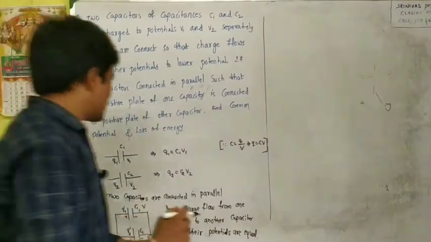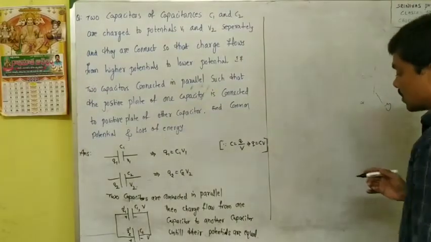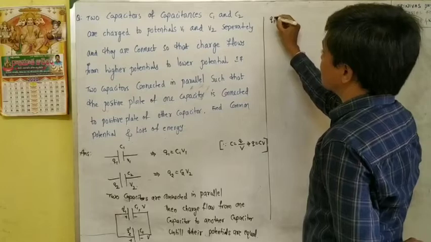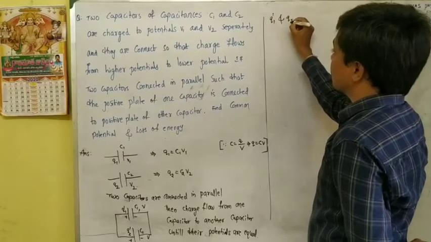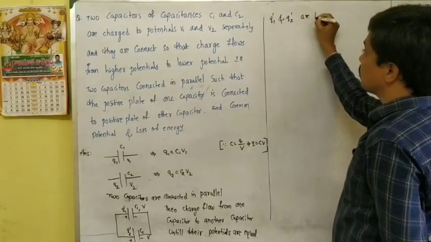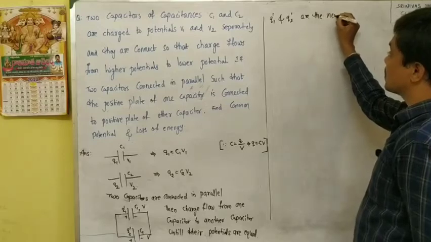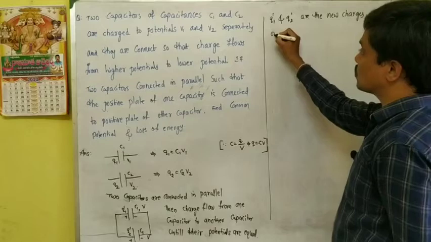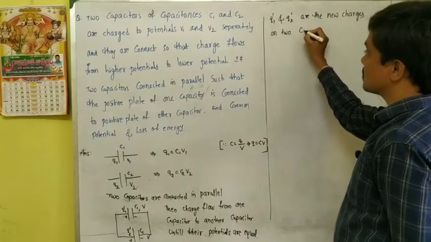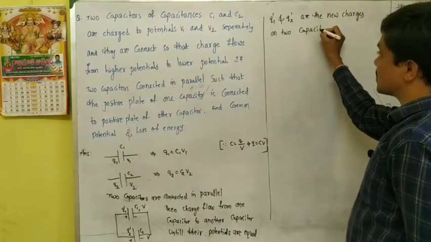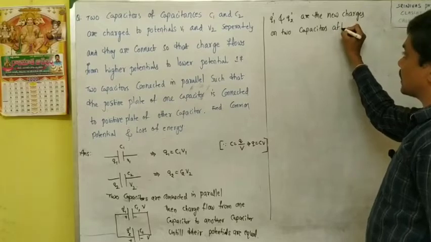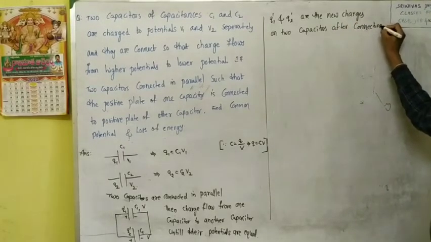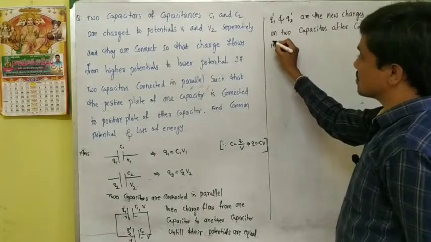And now let us see. For example, they acquire the common potential. The Q1 dash and Q2 dash are the new charges on the two capacitors after connecting in parallel, right?